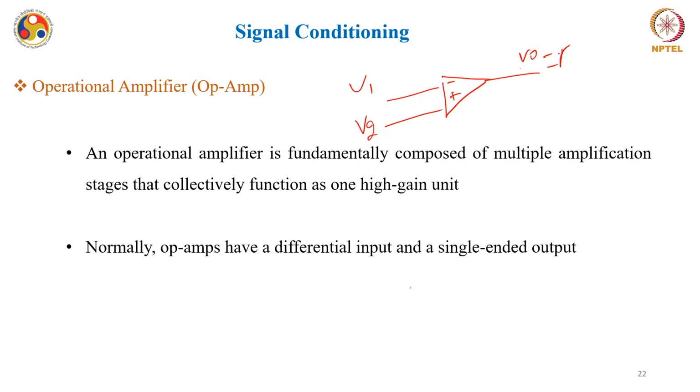If K is a constant, the output voltage V0 is equal to K times (V2 minus V1), so V0 is directly proportional to the difference between these two input voltages, right? We'll learn about this K and other things in this course about op amp.